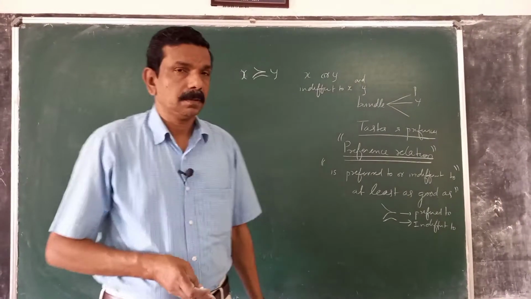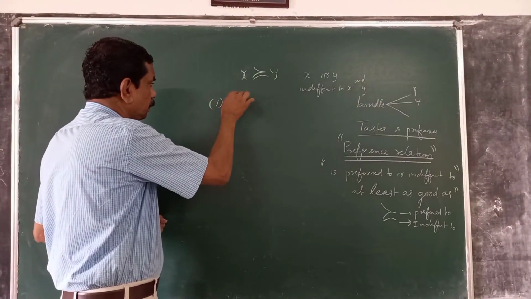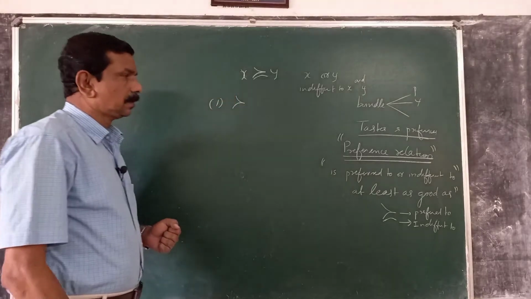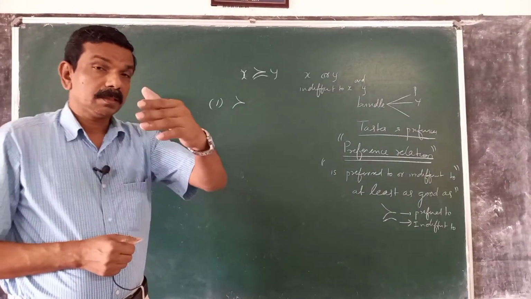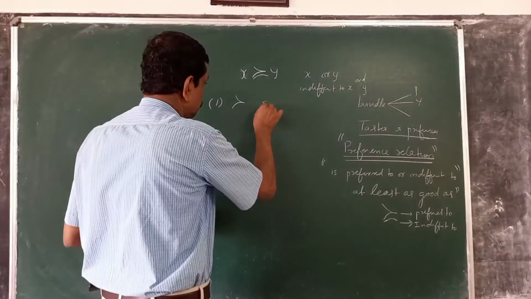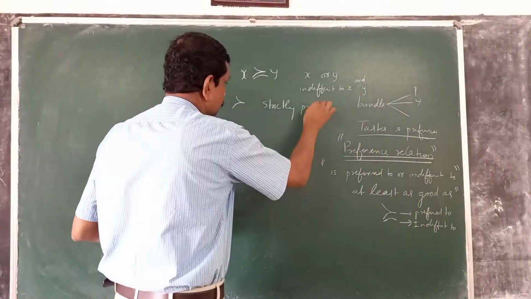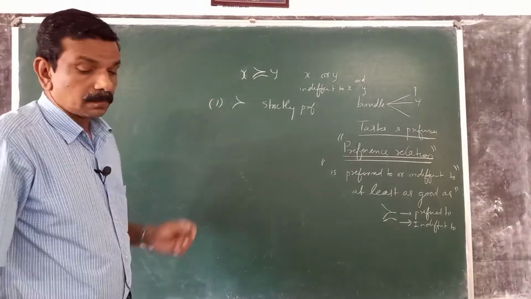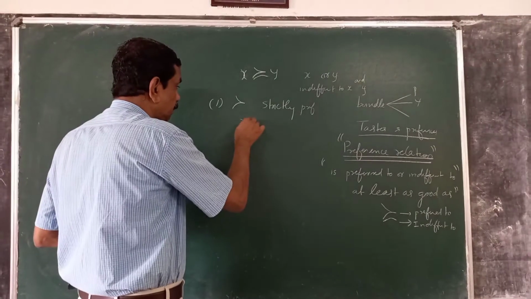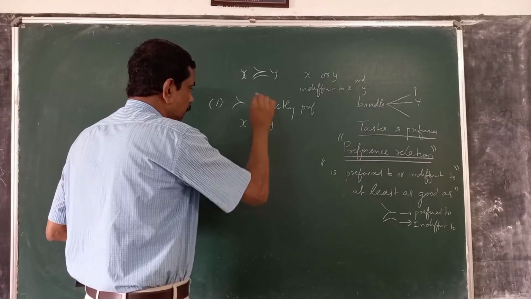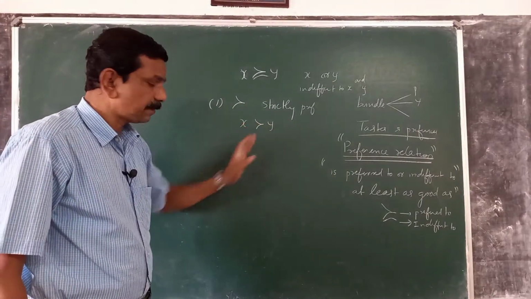Now, let me give a little more clarification. The first symbol means one bundle is strictly preferred to the other. So, if I write x like this, it means that the bundle x is strictly preferred to y.